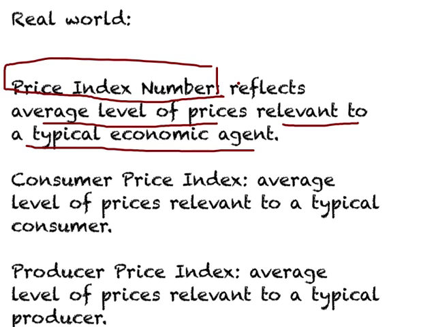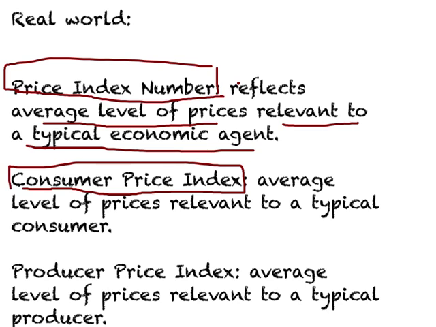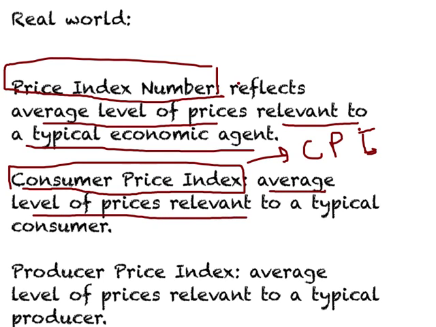And in the real world, there are two examples. One price index number that is commonly used is called the Consumer Price Index, or CPI in short. This is very popular, and you should know the definition of CPI or what it means. Consumer Price Index, as the name suggests, reflects the average level of prices relevant to a typical consumer.